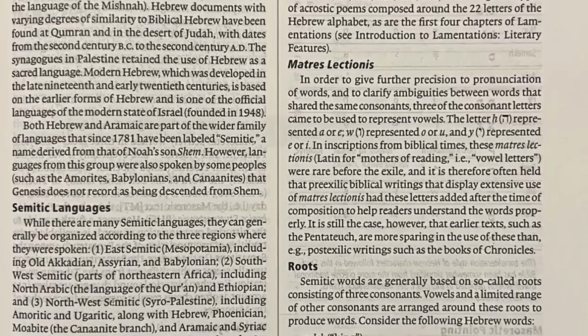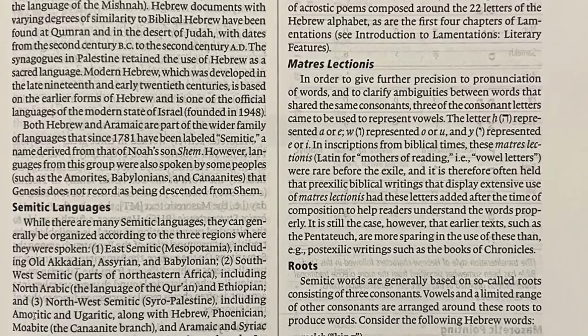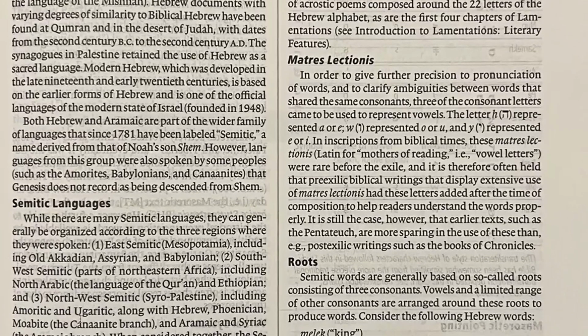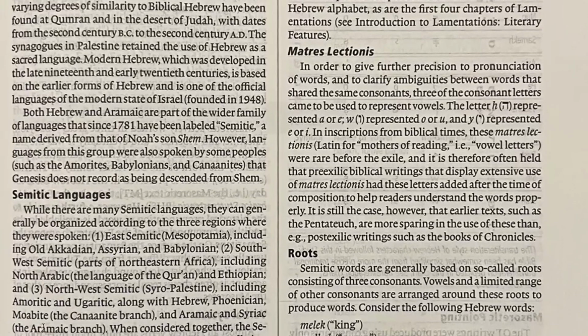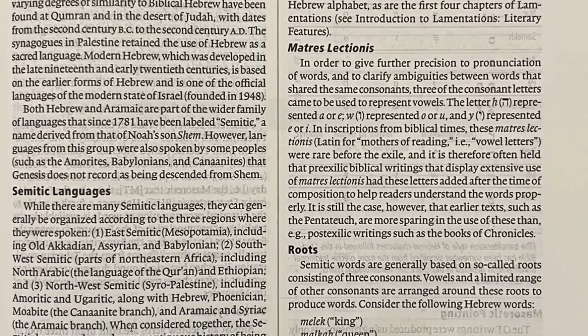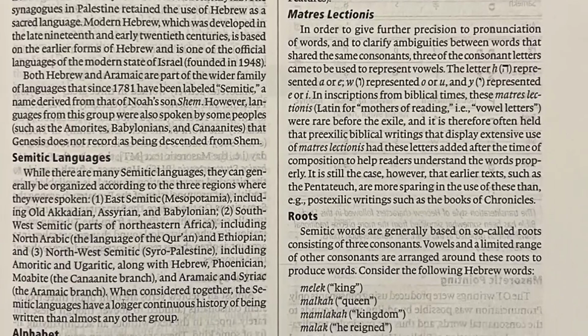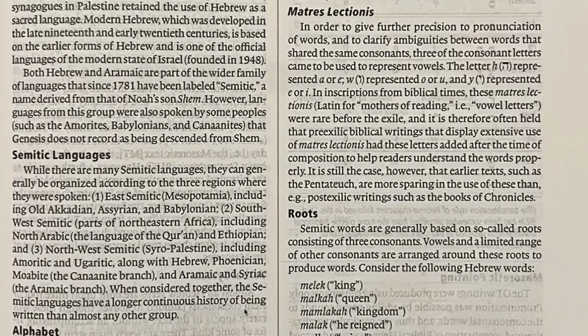And number three, Northwest Semitic, Syro-Palestine, including Amoritic and Ugaritic, along with Hebrew, Phoenician, Moabite, the Canaanite branch, and Aramaic and Syriac, the Aramaic branch. When considered together, the Semitic languages have a longer continuous history of being written than almost any other group.